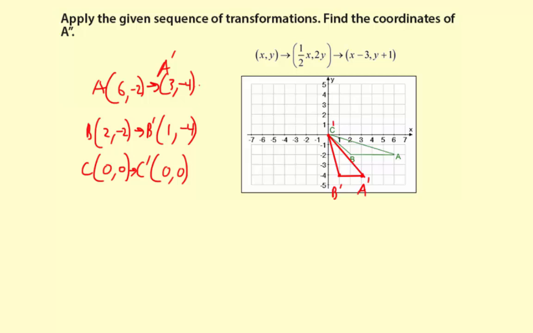Now let's take a look at the next transformation, x minus 3, y plus 1. So for the x value, we have x minus 3. So we're going to take 3 and then subtract 3 from it. 3 minus 3 is 0. And then negative 4, and then plus 1 is negative 3.